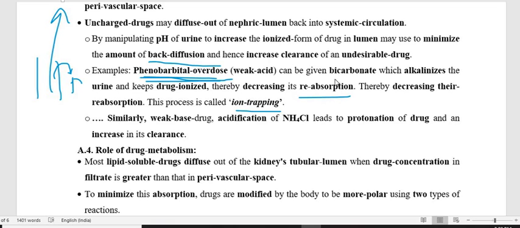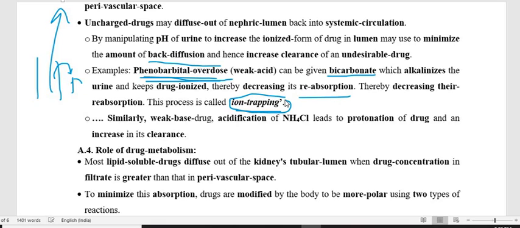But when you make the urine alkaline by giving an alkalizer like bicarbonate, the urine gets alkalized, and therefore phenobarbital sodium gets ionized, and then it will not be reabsorbed. Why? Because it gets trapped. How does it get trapped?